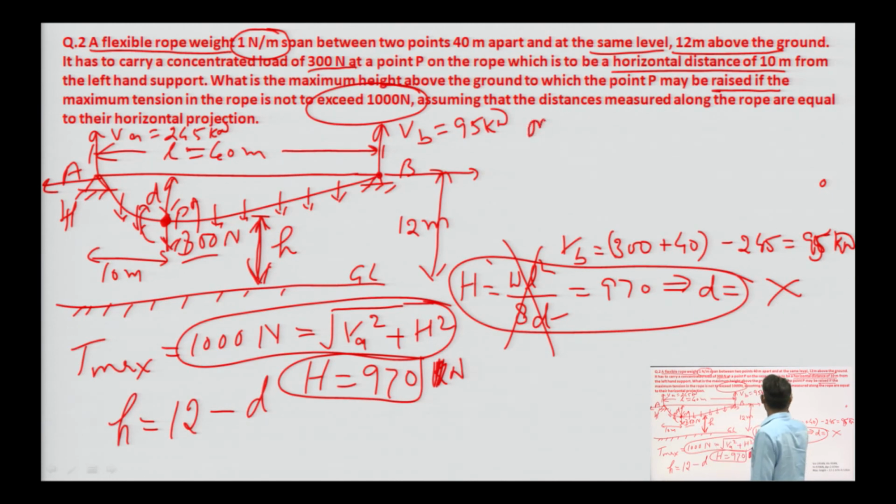So, bending moment at point P, for the left part only, equals 0.